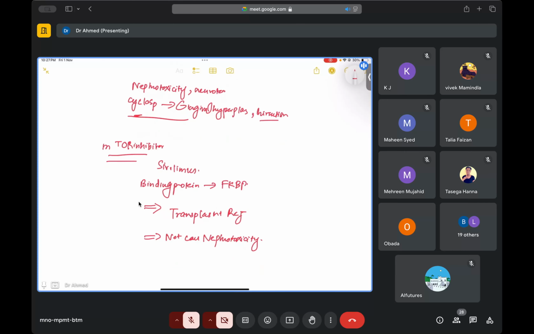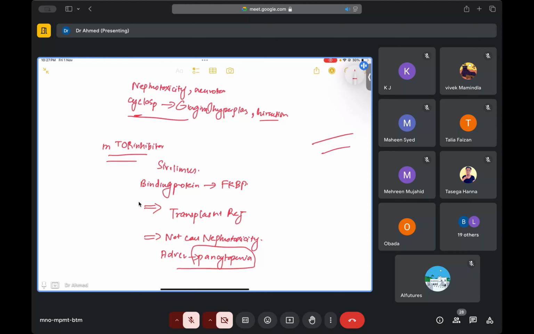Because sirolimus does not cause nephrotoxicity, right? Okay, what's the adverse effect? It causes pancytopenia. You guys must remember that. It can act inside your bone marrow and block off the pathway, and as a result of that, you can see pancytopenia.